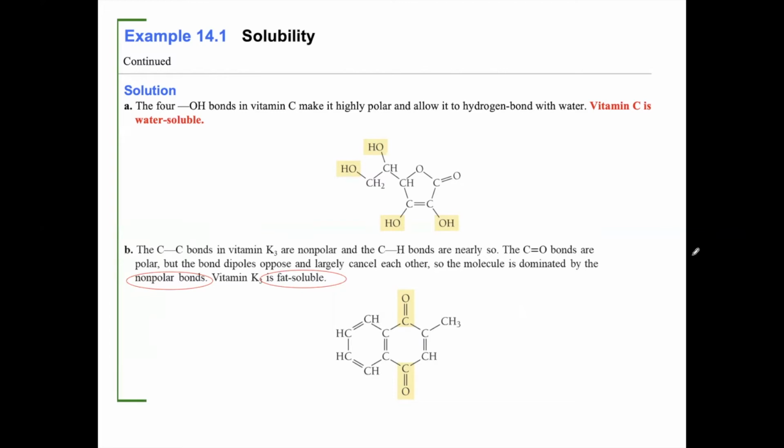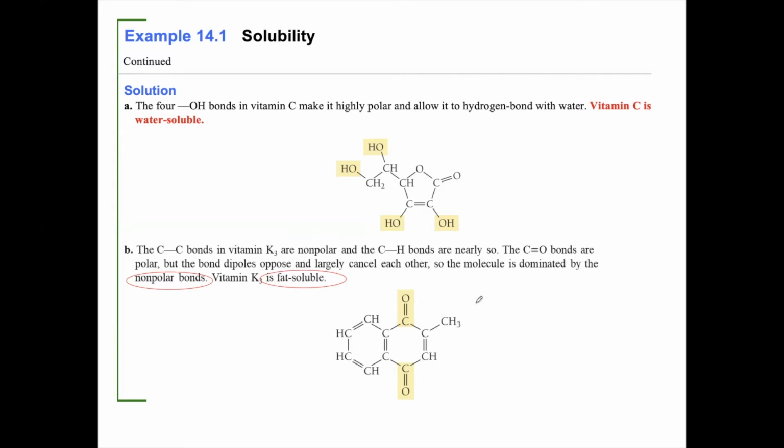For part B, okay, the carbon-carbon bonds in vitamin K3 are nonpolar. The carbon-hydrogen bonds, they do have a difference in electronegativity, but not significant. And the carbon-oxygen bonds are polar.